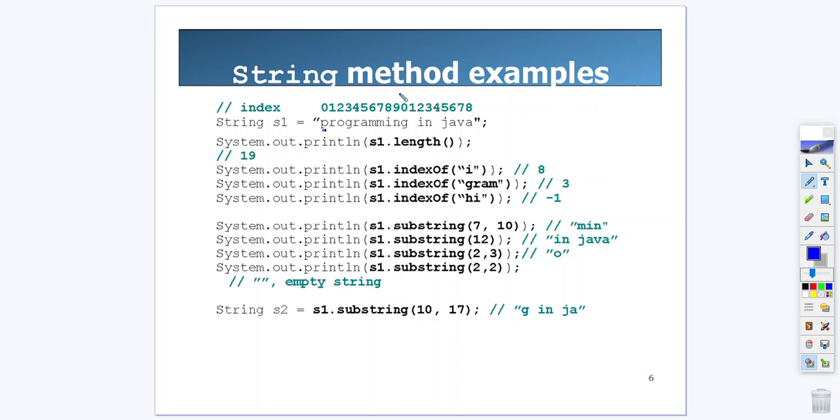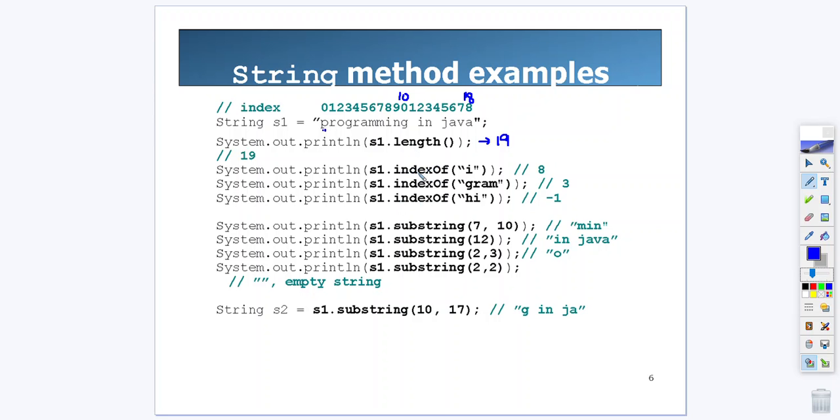So just think of this as 10, 11, 12, 13, 14, 15, 16, 17, 18. So this goes from 0 to 18 in terms of index numbers, and so it has a length of 19. Remember, your last position is always going to have an index position that's 1 smaller than the length.